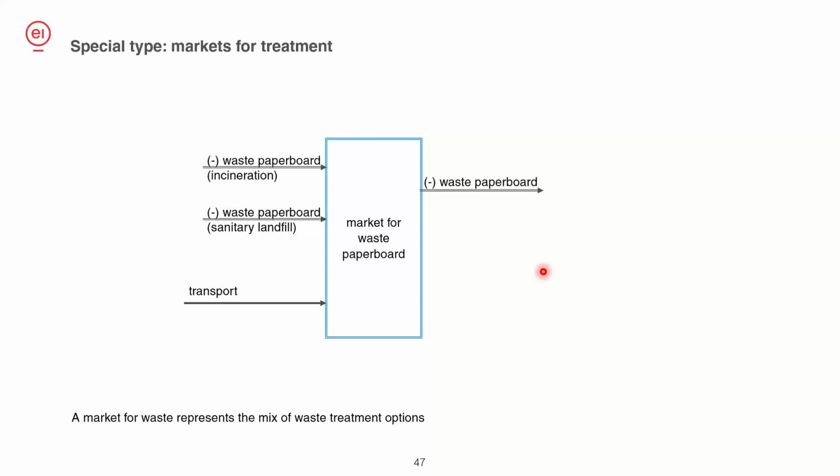And similarly to the ordinary transforming and market activities, we have markets for treatment, markets for waste, which represent the mix of waste treatment options. For example, here the market for waste paperboard provides the service of treating the waste paperboard through two different options, incineration and sanitary landfill.